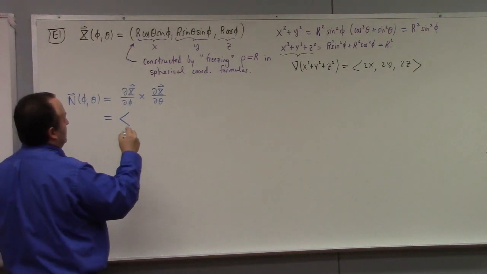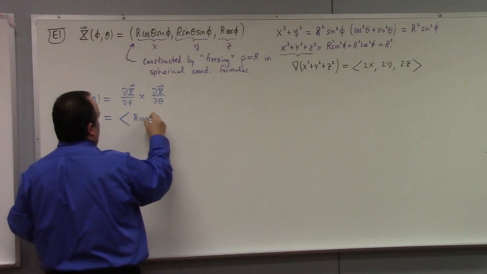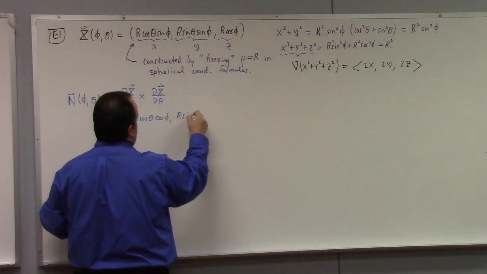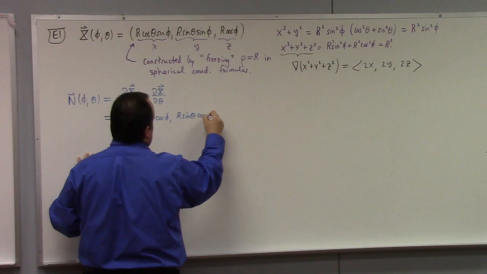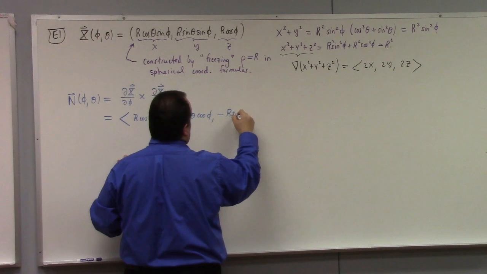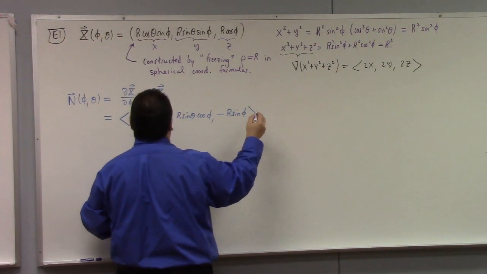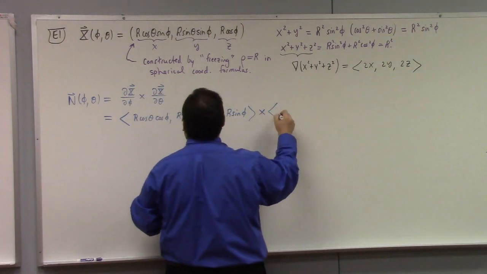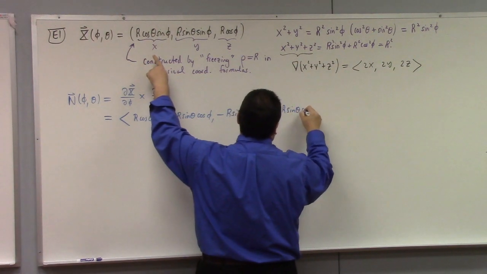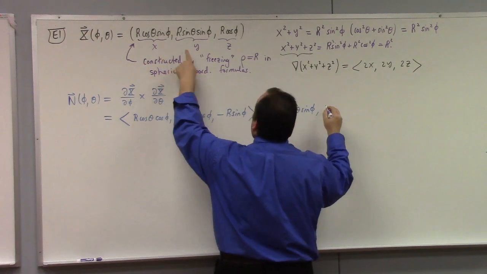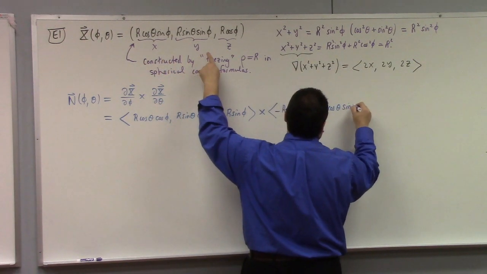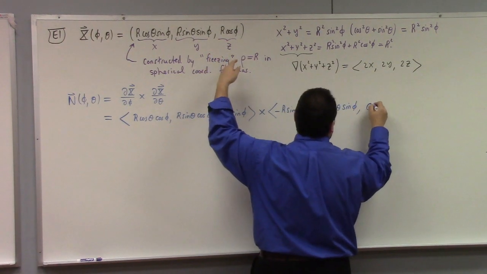Well, it is r cos theta cos phi, r sine theta cos phi, minus r sine phi. And then we take the cross product with the derivative with respect to theta, which is minus r sine theta sine phi, r cos theta sine phi, and my favorite, 0.